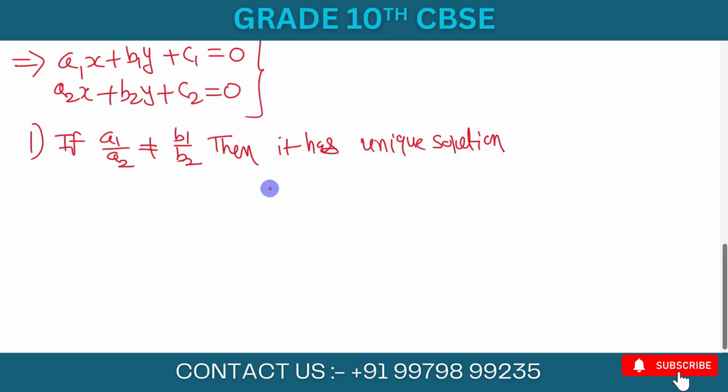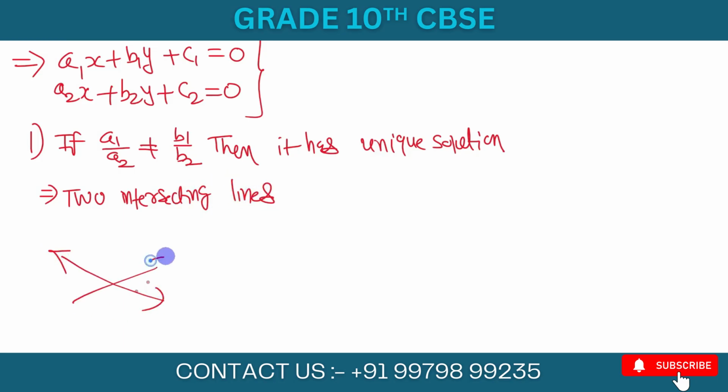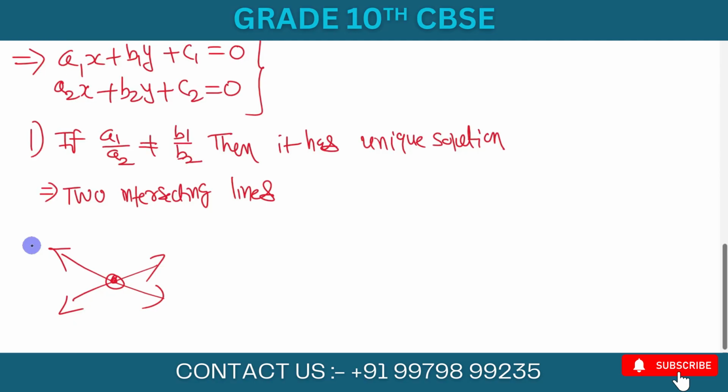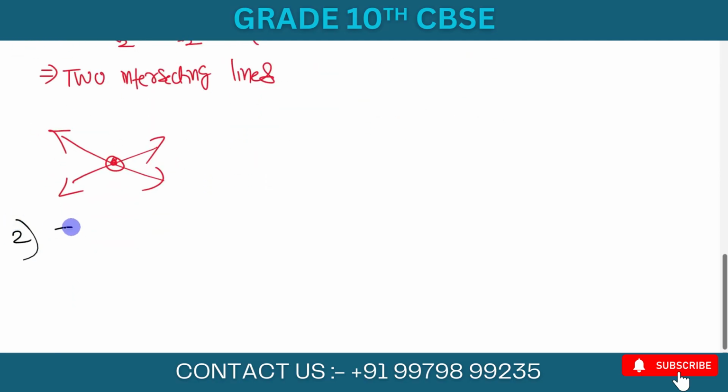First we are studying how to solve equations, but we should remember the conditions also, because based on that they are asking questions. And for a unique solution, the graphical scenario will be two intersecting lines, one line like this, other line like this. You will find that both lines intersect at only one point, and the algebraic condition is a1 upon a2 is not equal to b1 upon b2.